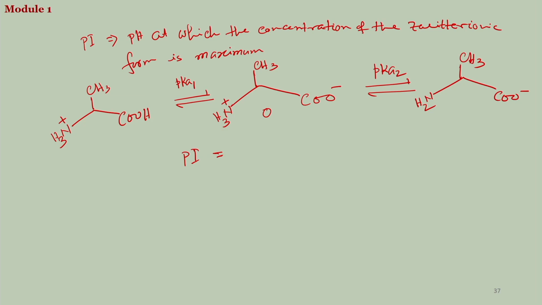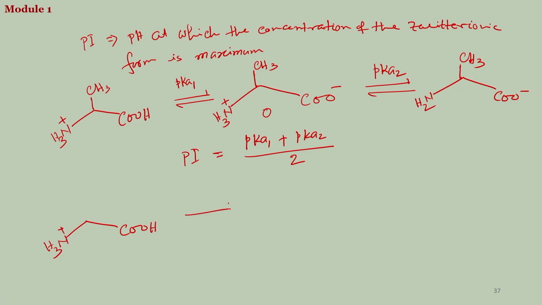So, if you want to calculate the concentration of the zwitterion, you have to take the average of both equilibria. So, ideally pI is calculated as pKa1 plus pKa2 divided by 2. So, if I take the example of glycine, I have the data for glycine actually here.